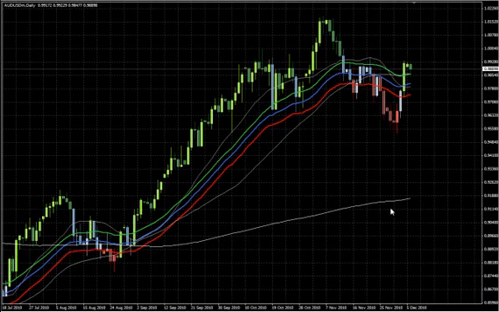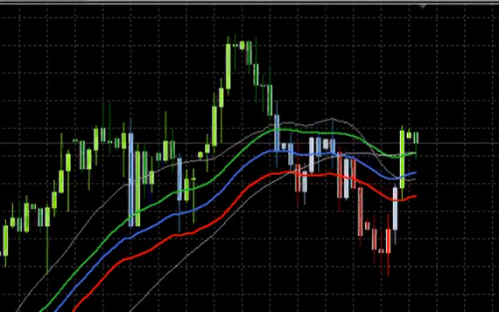Technically speaking, this is absolutely resistance, and do not underestimate how much positive comments from the RBA might already be discounted into this market, so the market would have to be shocked to get a significant upside move. I believe a lot of bullishness has already been baked into the cake on this Aussie, and I do feel we're going into technical resistance.